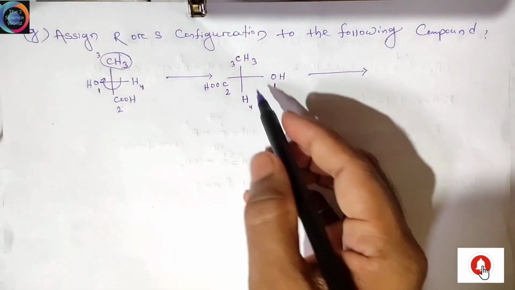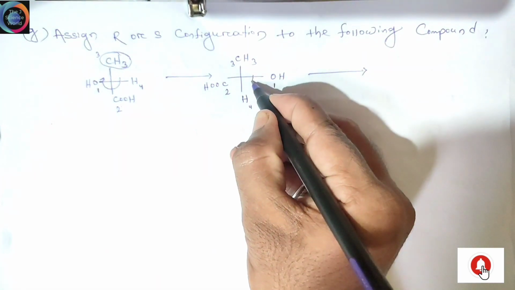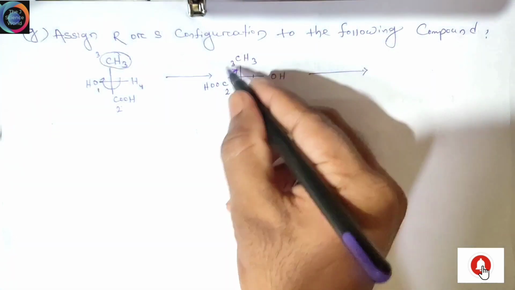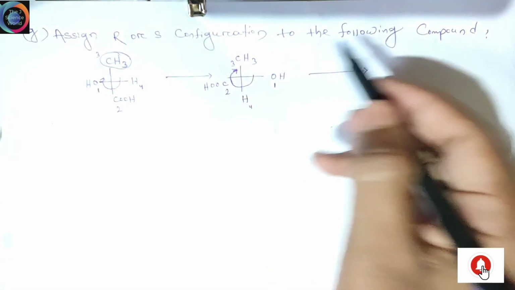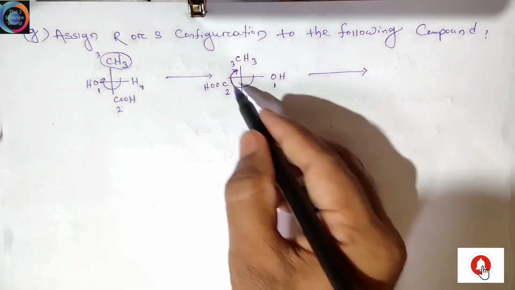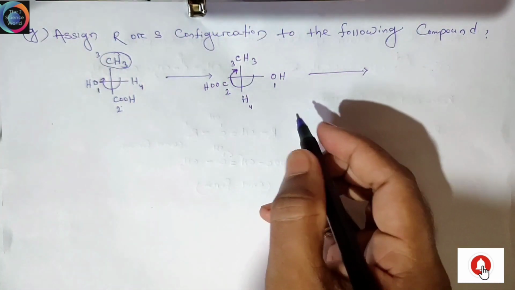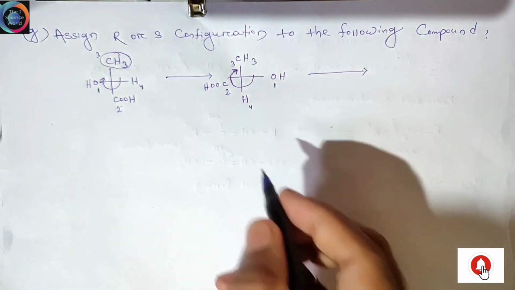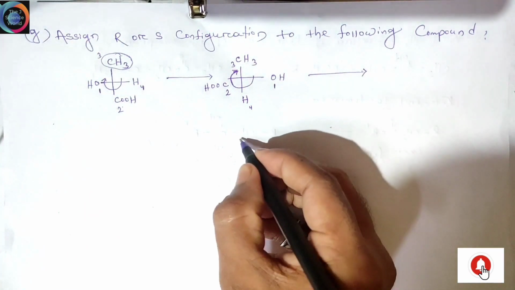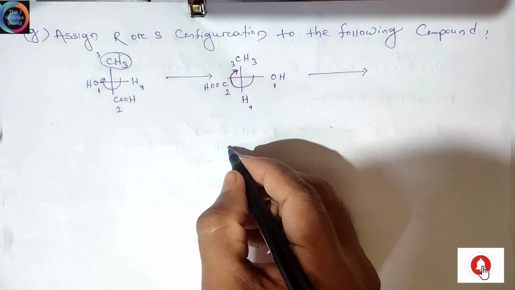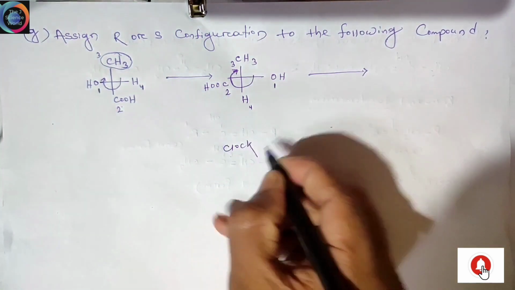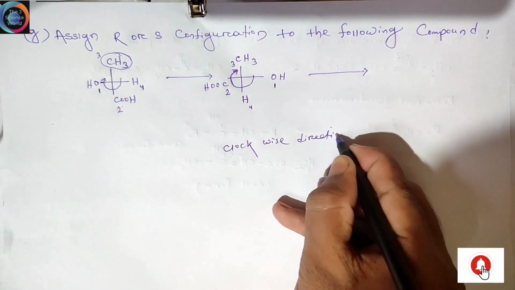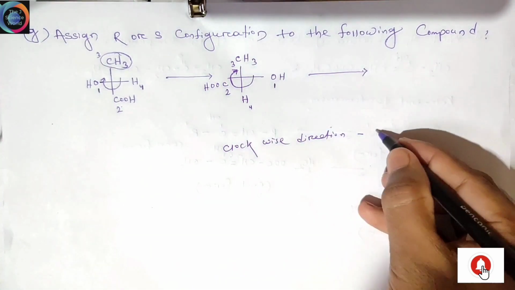Friends, we simply see these three groups are arranged in a clockwise direction. So clockwise direction means R configuration, anti-clockwise direction means S configuration. Friends, this group is arranged in a clockwise direction, so it is R configuration.